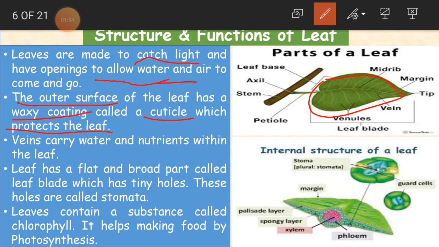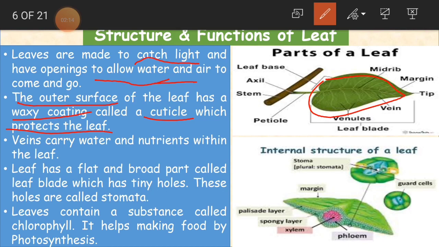Actually, we said leaves are going to absorb water, like for example, a cactus leaf absorbs water. Now this cuticle is going to protect the plant from water loss.